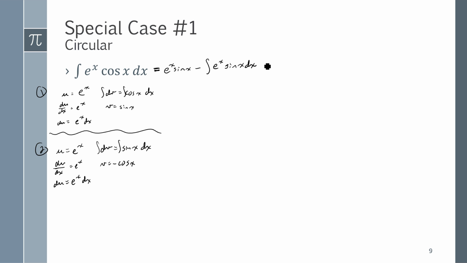So I now have that. So this was from integration by parts 1. So now from integration by parts 2, I have the integral of e to the x cosine of x dx that I started with. It's equal to the e to the x sine of x minus all of u times v minus the integral of v du.